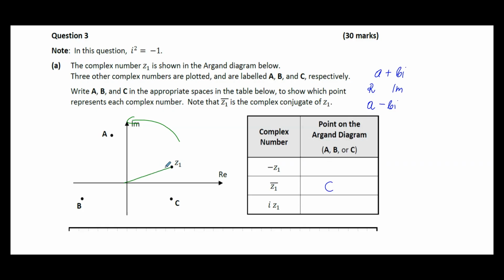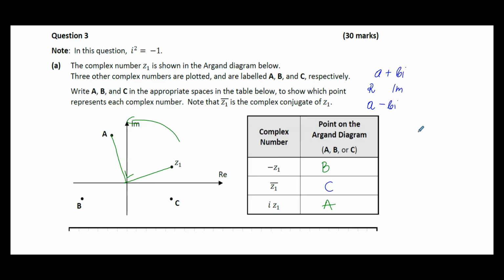If I mark the distance from that complex number to the origin (0, 0), it will move 90 degrees anticlockwise. So we know that what fulfills that condition is my A. That means the number multiplied by i will be A. So obviously that leaves me with B, but let's just consider that.